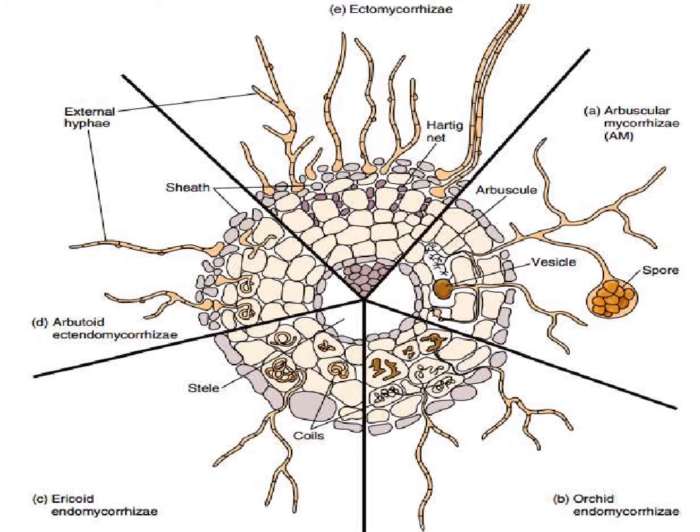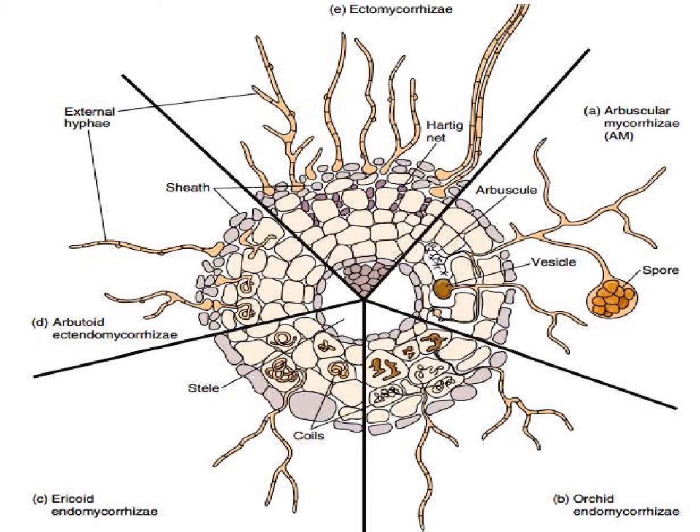Ectomycorrhiza associates only with the outer cortical part of the root, whereas endomycorrhiza, one type of which is VAM, vesicular arbuscular mycorrhiza, penetrates deep inside the roots. It is not only confined to the epidermal layer.